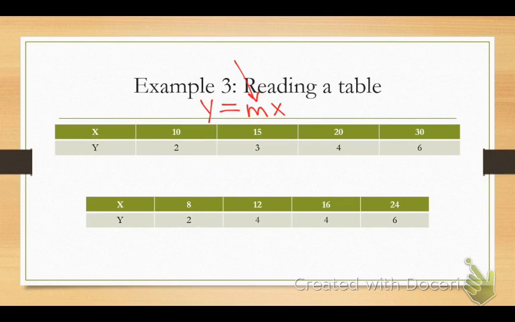Okay, so what am I doing to 10 to get to 2? Dividing by 5. So now I need to test that pattern and make sure that all of the others match. 15 divided by 5 is 3, so I can divide by 5. 20 divided by 5 is 4. And 30 divided by 5 is 6. So that works, okay?